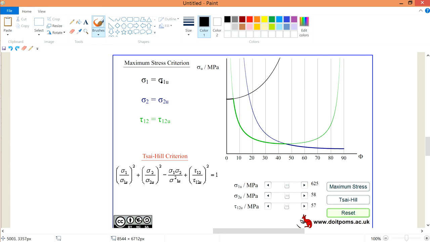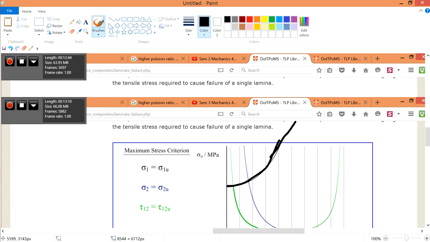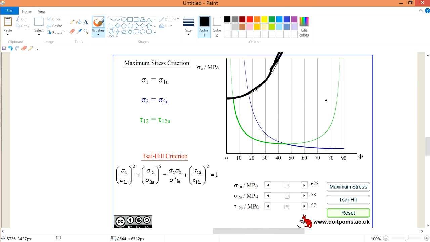If your fiber is acting in this direction, then your strength is going to be higher and higher, eventually moving towards 90 degrees. So the graph should look something like this. Because this is the transverse one, you actually go down.